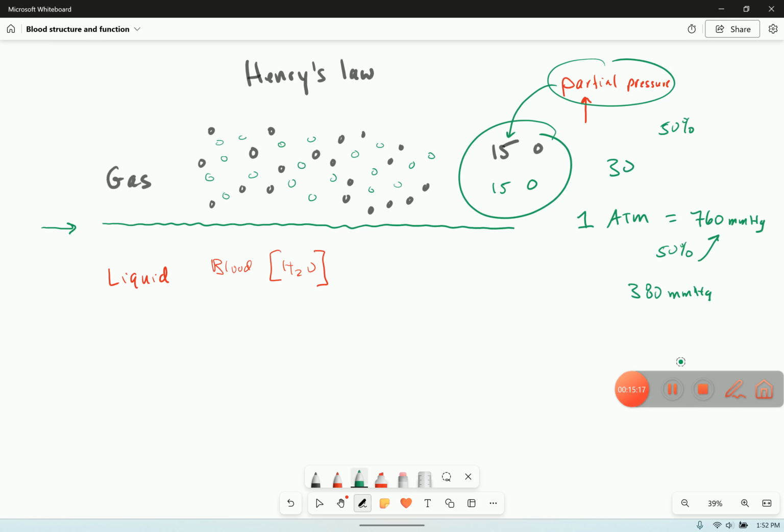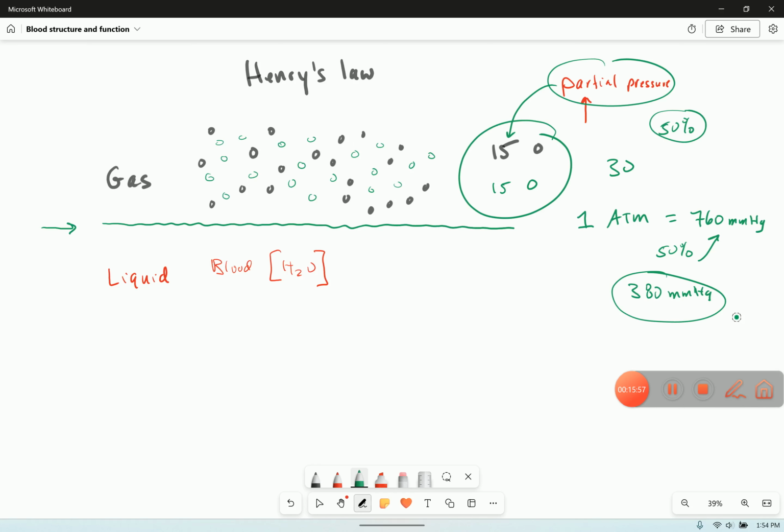So in other words, the partial pressure that the green gases are exerting in this particular example is 380 millimeters of mercury. All right, so I kept the math simple by just saying there's 15 black gases and 15 green gases. Now, you could say that there are 20 green gases and 5 black gases. So then that changes your ratio. So I just did it to keep the math simple at 50%.